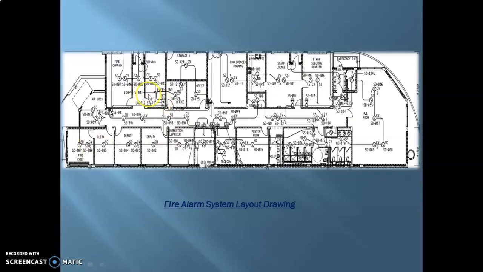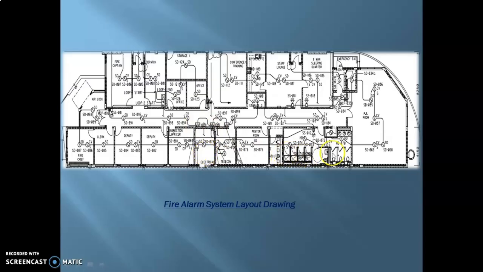This is where, as you can see, the loop is starting: loop 1 is starting here, this is where loop 2 is starting, and this is where the loop is ending. That's loop 1 ending over here, and this is loop 2 ending from over here. At the same time, you can see the heat detectors placed in their respective places. Then you have the monitor modules, you have the LEDs.